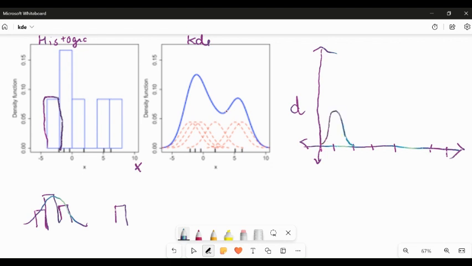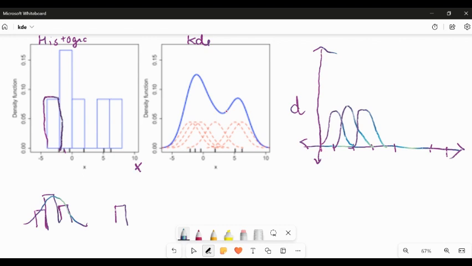Now the second data point over here. For this also calculate the average value, that is, calculate the mean, and draw a normal distribution. You have done with it. Third data point, for every data point you need to calculate the mean and draw a normal distribution.